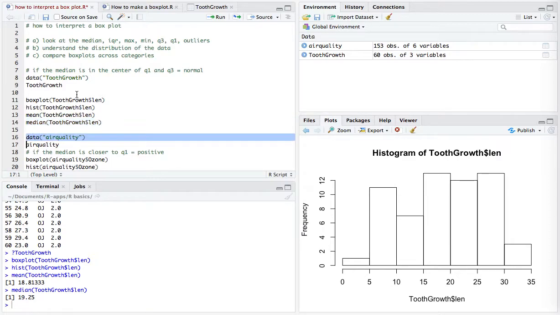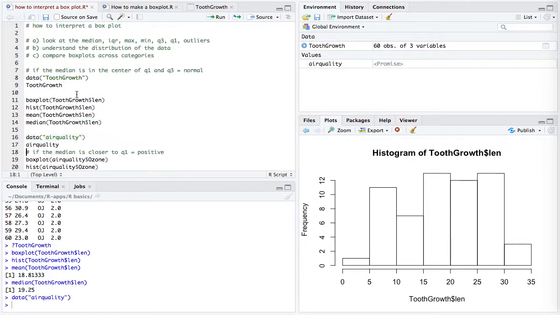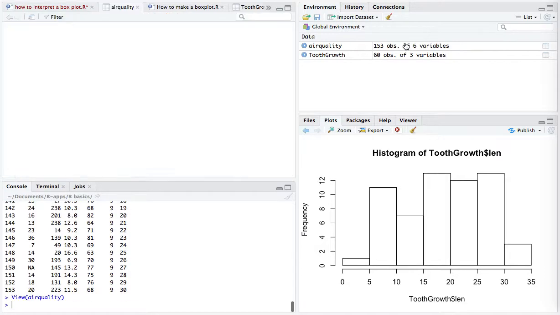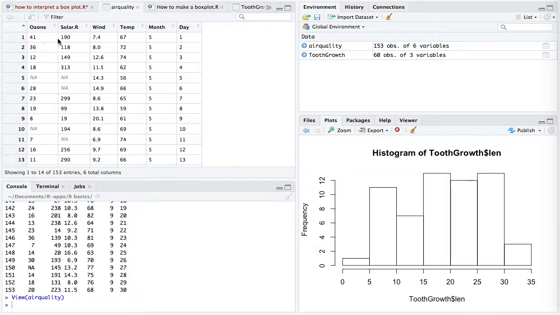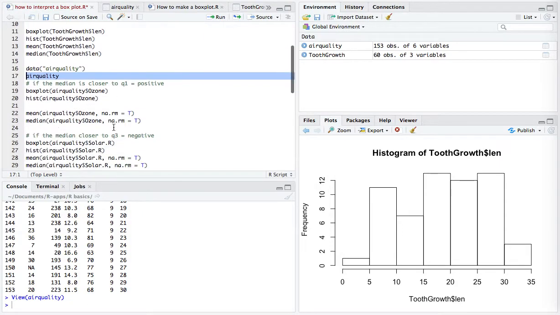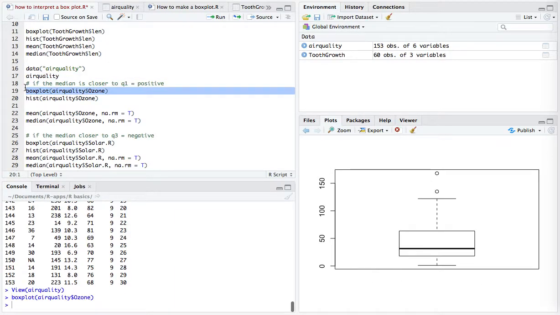Now let's look at another data set, airquality. I'm going to quickly view this data set. It has about 6 different variables. Now let's plot one of them onto a box plot. In this case, you can see that the median is towards the bottom of the box. What this indicates is that the first 50% of the values are more closely held together.